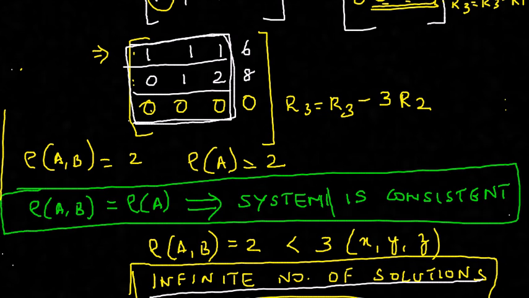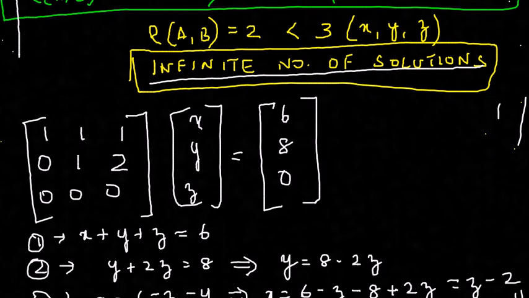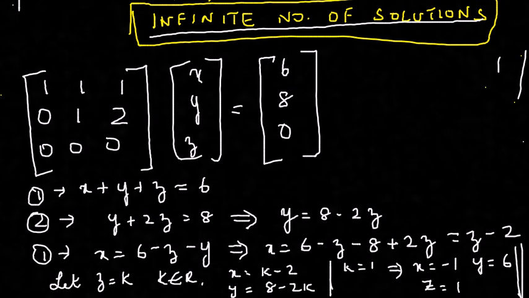So what we did was, we wrote the echelon form matrix in the matrix equation form, and then we got two equations here. Since we had two equations and we had to find out three unknowns, we brought z equal to k, where k is an element of the real numbers.